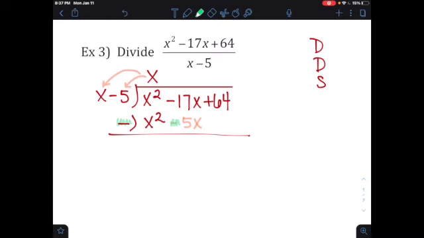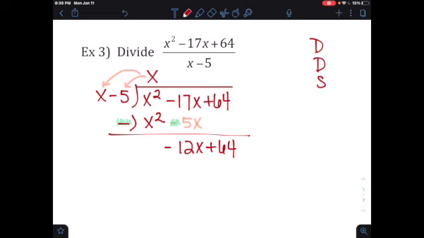This is really negative 17x plus 5x. Well, negative 17 plus 5 is going to give you negative 12x, plus 64.